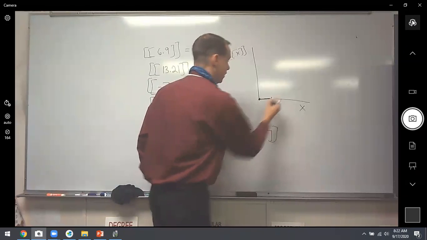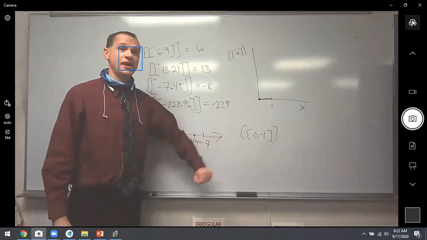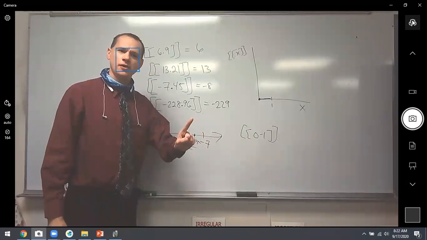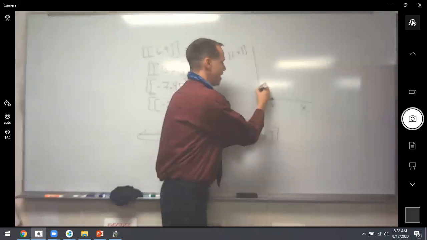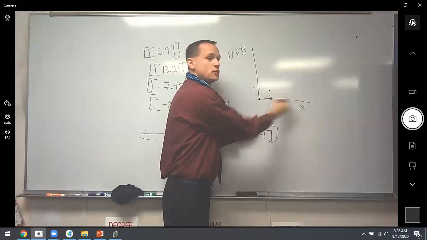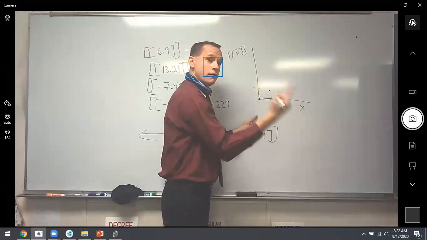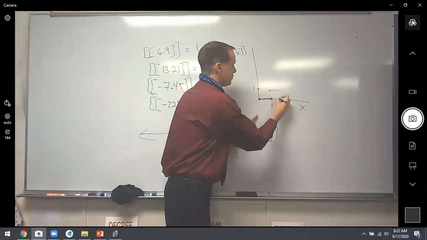Now, what happens when I actually give you 1? Round 1 down, what do you get? 1, right? So when you get to 1, it actually jumps up to a new piece. And then if I give you anything between 1 and 2, what are you going to tell me the answer is? 1, right? So you're going to have a nice little thing that looks like this until you get to 2.